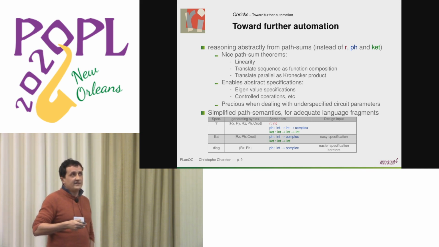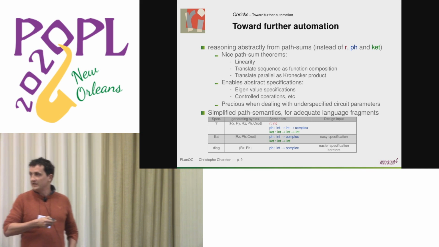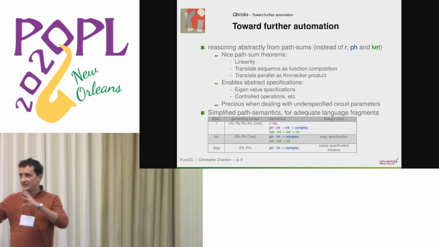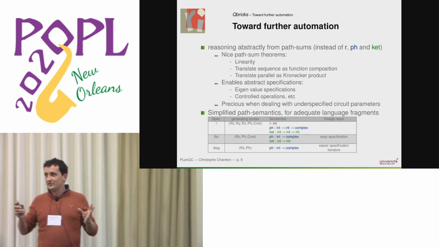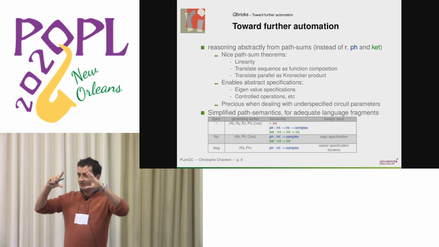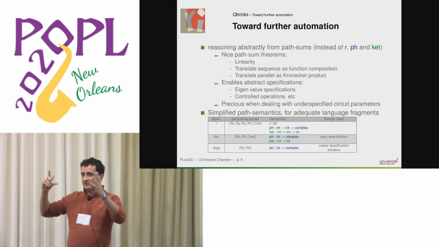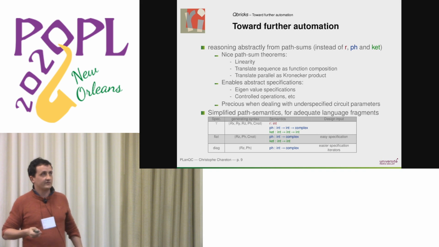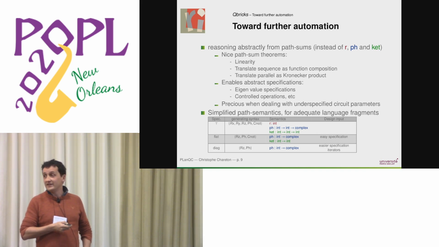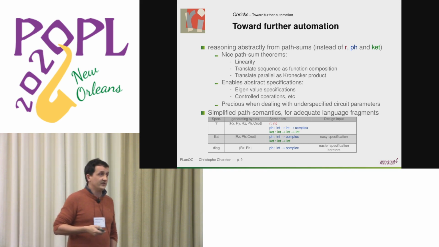One thing is that having such abstract specifications and being able to reason on it is very, very important when we are dealing with real quantum algorithms, where in the general case you often have as a parameter a circuit that is not completely known, but that is just given with such an abstract specification. So I started implementing the tools to reason with it.